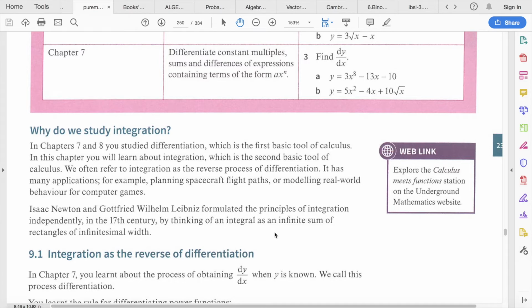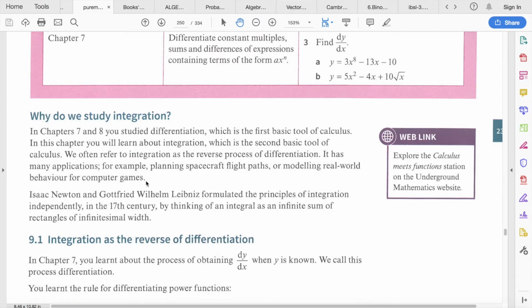First, we need to know why we need to study integration. In chapter 7 we learned that the first basic tool of calculus is differentiation. Now in this chapter you learn that the second basic tool of calculus is integration. Integration has so many applications.